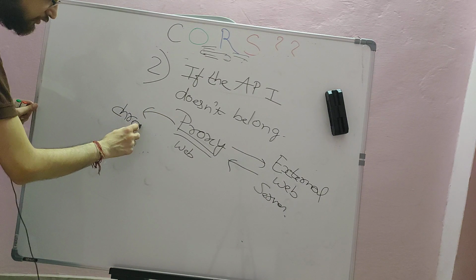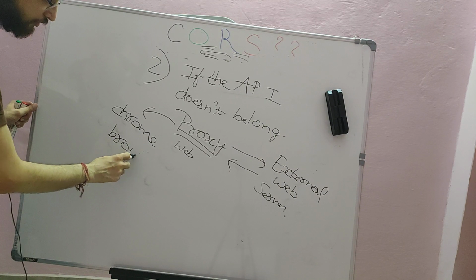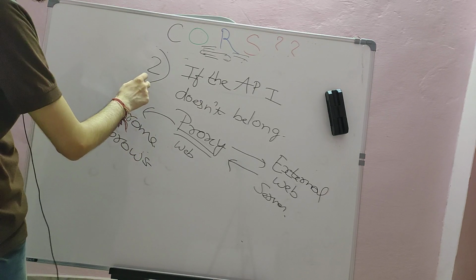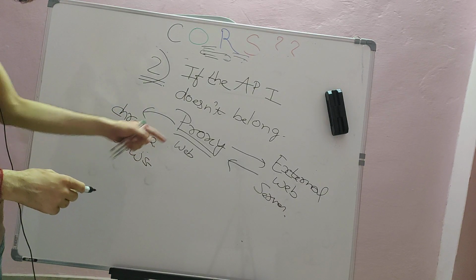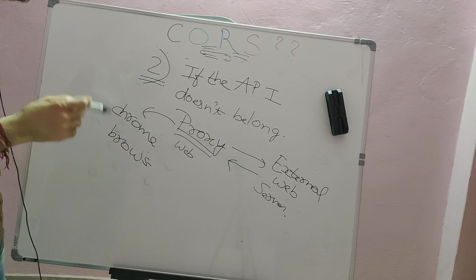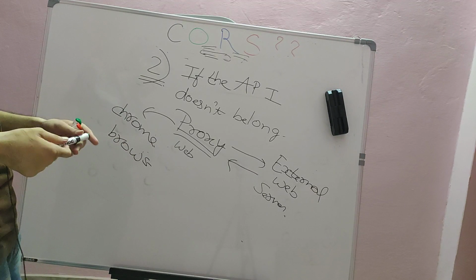So in that case you can build your application, but I will not recommend the second step, because the proxy solution in most cases doesn't work, and the solution is also very tough.